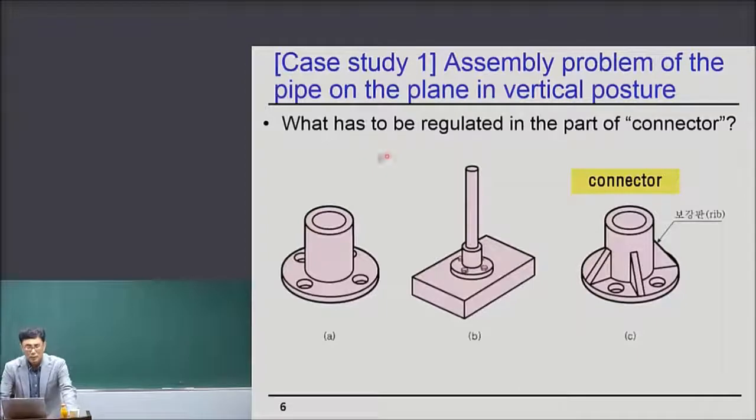Now, this is what I talked about in the last lecture maybe. This is part of a connector. At the time, what did I tell you? To try to assemble the pipe on the plane vertically, right?